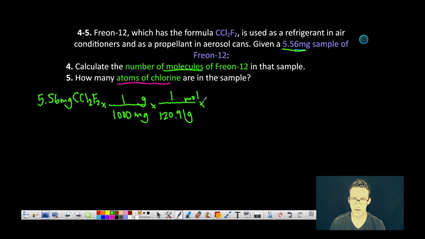From there, we can convert to molecules. So moles CCl2F2 to molecules CCl2F2. 1 mole is going to be 6.02 times 10 to the 23 molecules.